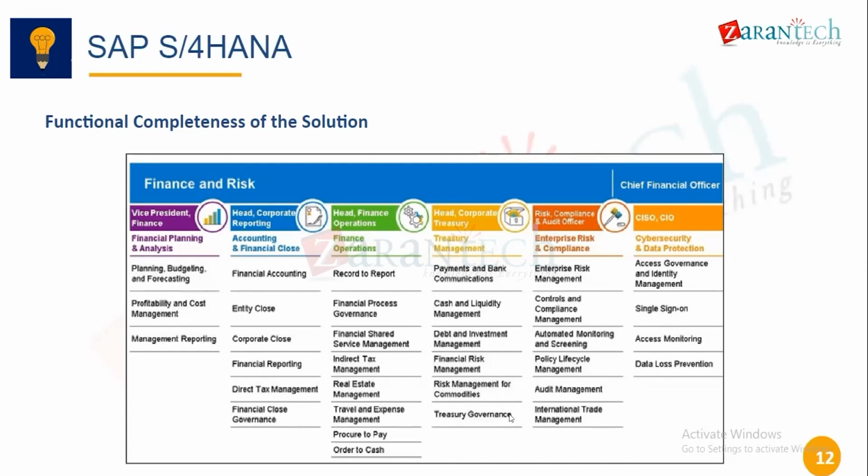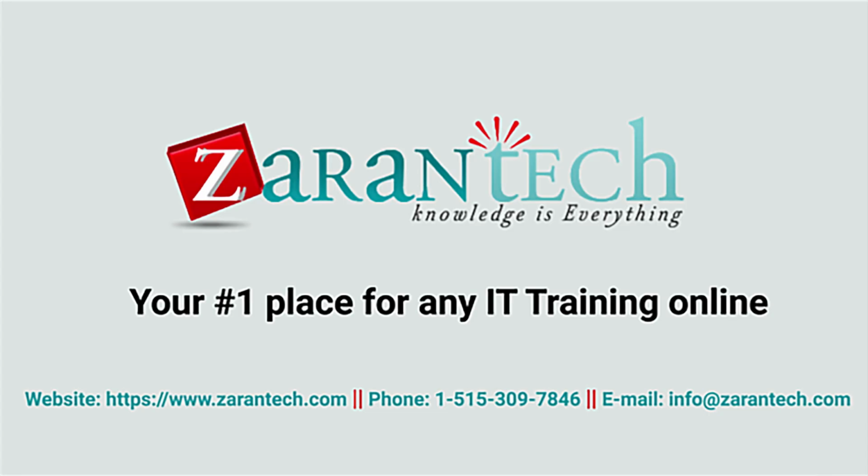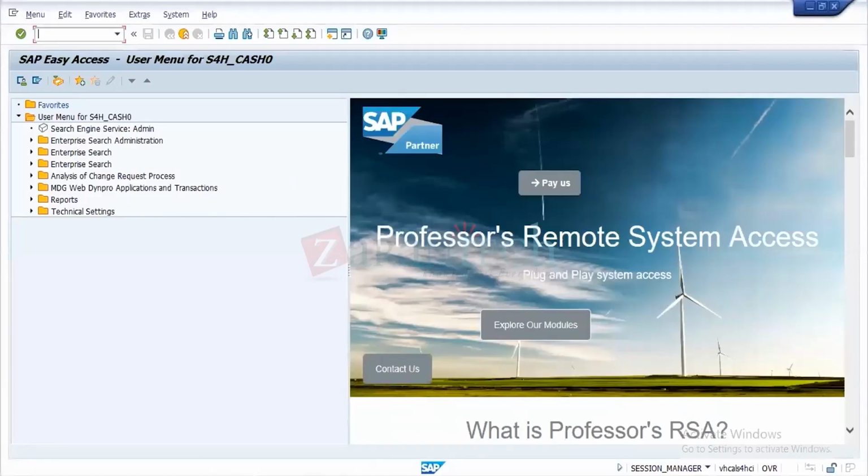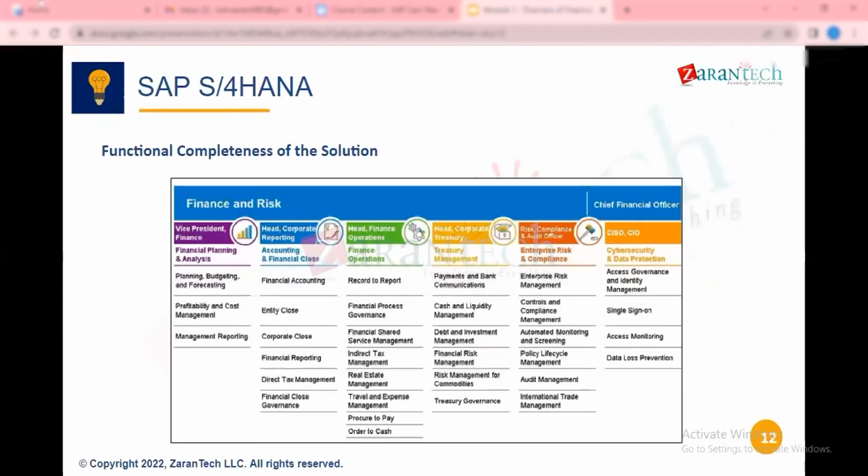Treasury management. So what are the benefits we have in treasury management? Cash and liquidity management. In bank account management and bank communication management, they have introduced the concept of workflow. It means if you have created the bank and you want to validate before making it active. So here you can see, one second, let me just go back.